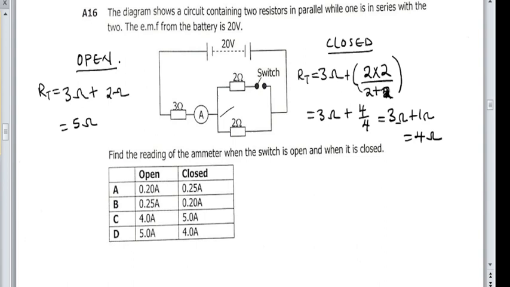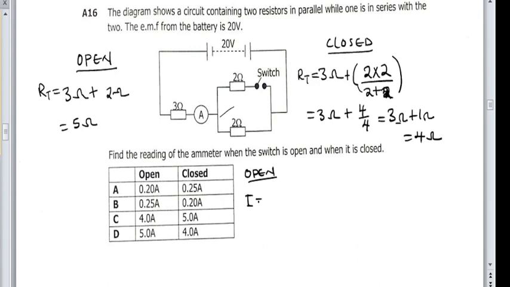But the question is saying find the reading of the ammeter when the switch is open and when it is closed. So I'll start with when it is open. When the switch is open, the reading on the ammeter reads current.